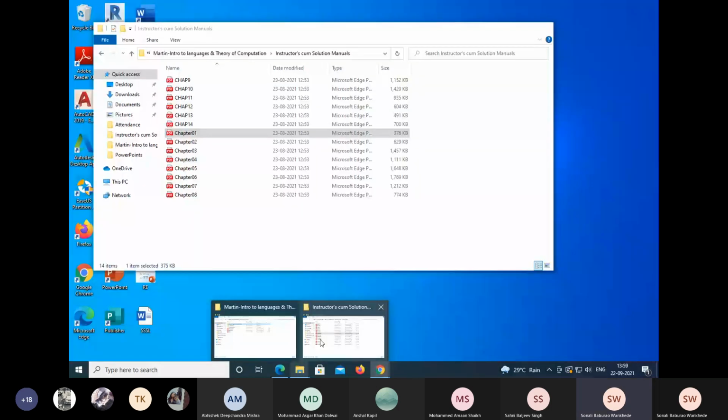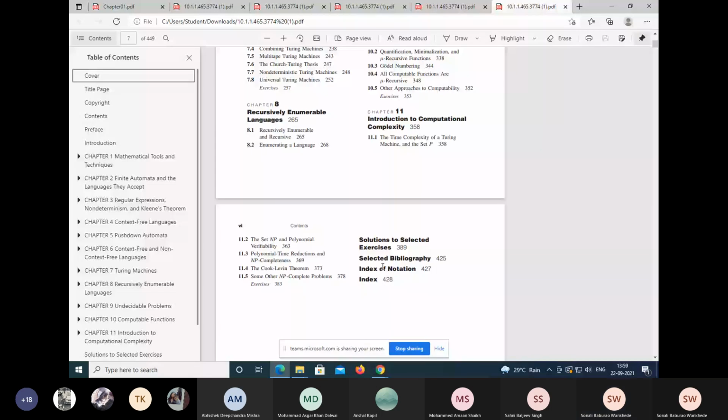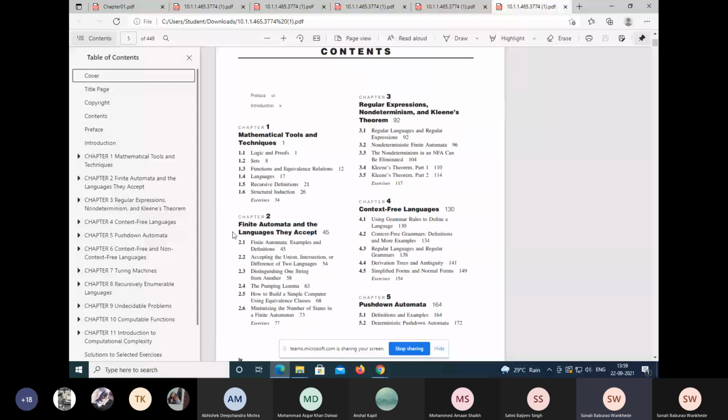Okay, I'll just give you a brief introduction about our second main topic, that is finite automata and the languages they accept. Our entire course is dependent on this particular topic and area. The first unit, the first chapter of this book, was just the basic mathematical tools and techniques.